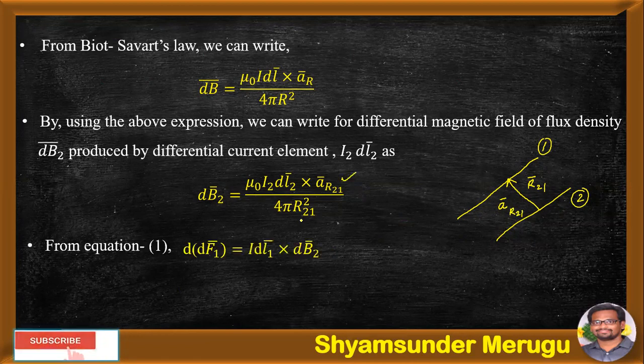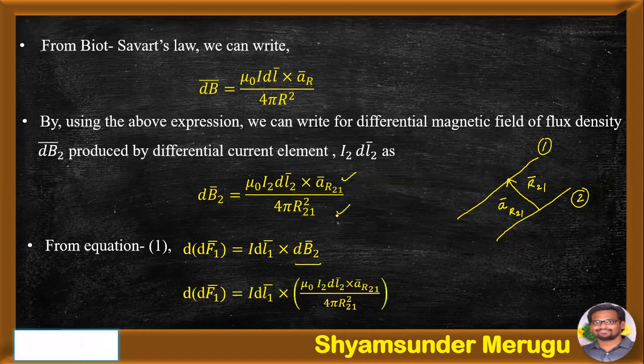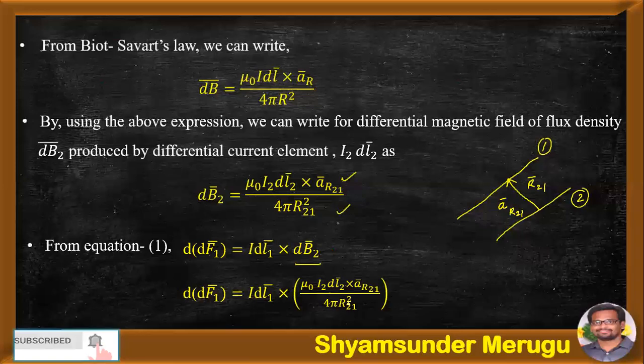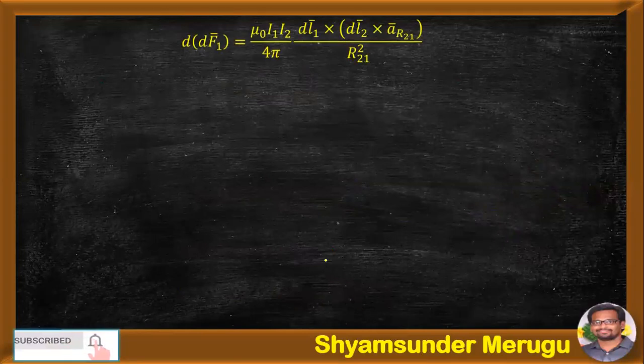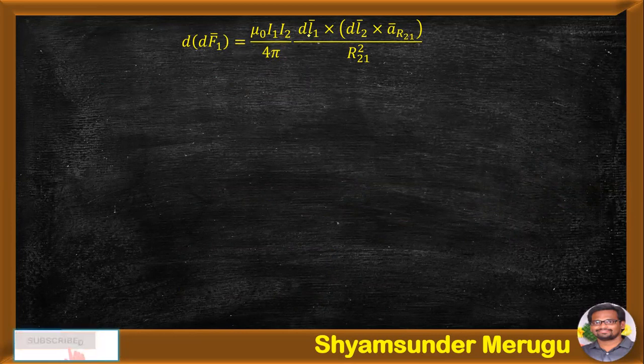Now from equation 1, that is d of df1 bar equals I dl1 bar cross dB2 bar, substituting what is dB2 bar that we obtained in the above step, we get d of df1 bar equals I dl1 bar cross mu naught I2 dl2 bar cross A bar R21 over 4 pi R21 square. Rearranging this particular expression, we get d of df1 bar equals mu naught I1 I2 over 4 pi of dl1 bar cross dl2 bar cross A bar R21 over R21 square.